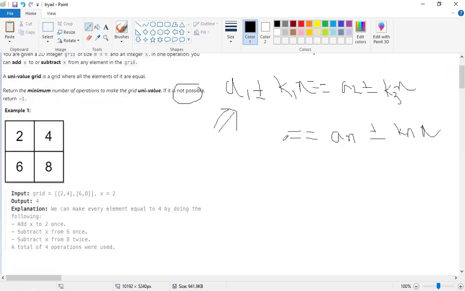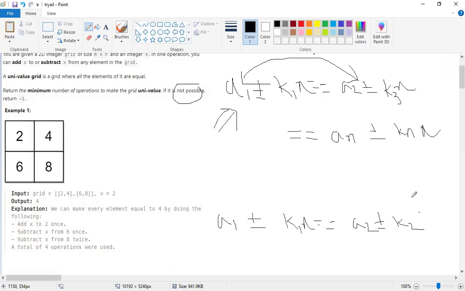Now, if we just analyze this equation, let's take these two pairs only, A1 and A2. So A1 plus or minus K1 times X is equal to A2 plus or minus K2x.